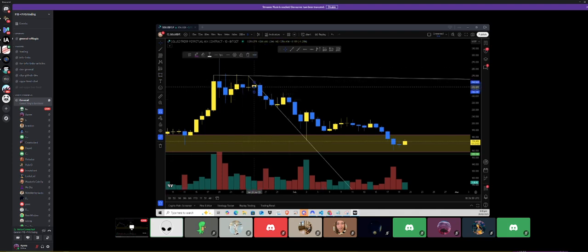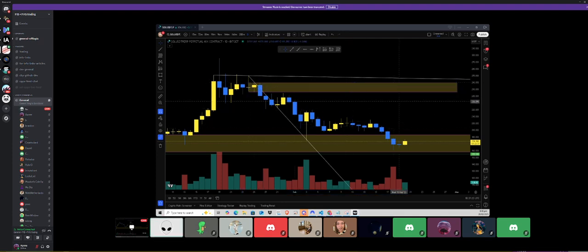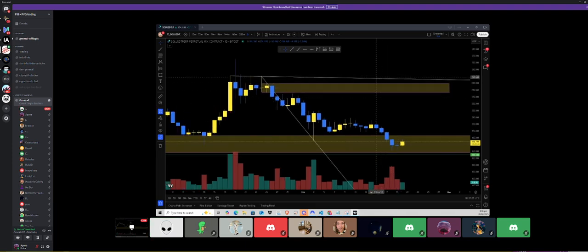So much like you have support to the downside, you have resistance to the upside. So this is your resistance. I should use a magnet tool. So that's going to be a target for that resistance.